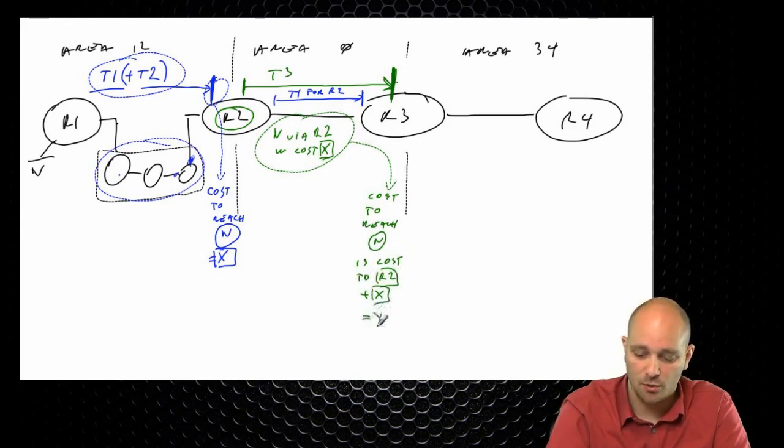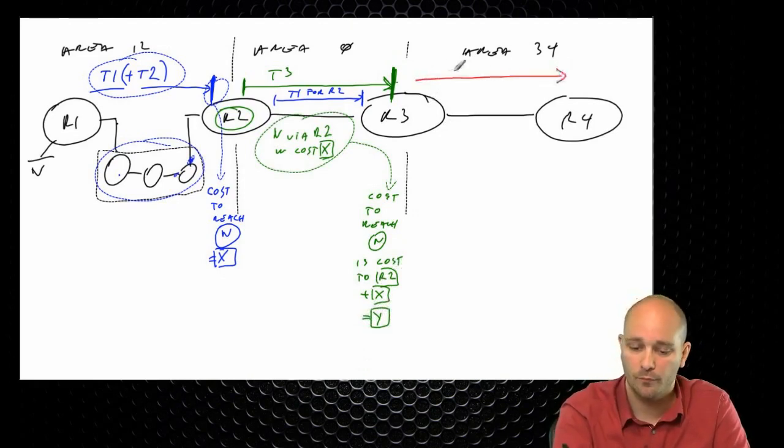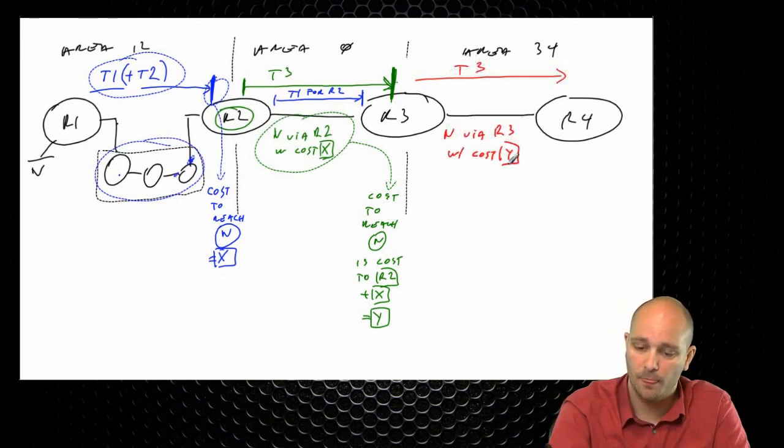And let's say that this is Y. So this is the information that we have. R3 is now going to generate a new type 3 LSA, and it's basically going to say that N is reachable through R3 with cost Y. Okay?